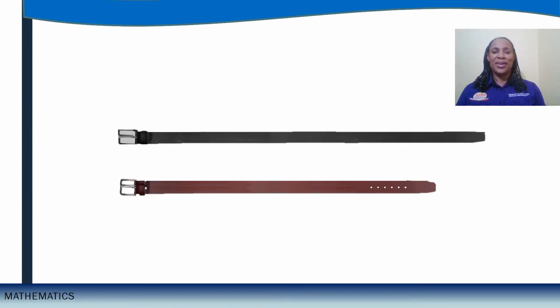Now, boys and girls, I want you to look at these two belts and tell me what you notice about them. Amazing! Did you say the brown belt is shorter than the black belt? Or maybe you said the black belt is longer than the brown belt. That is excellent, boys and girls. Do you know what you just did when you told me that?